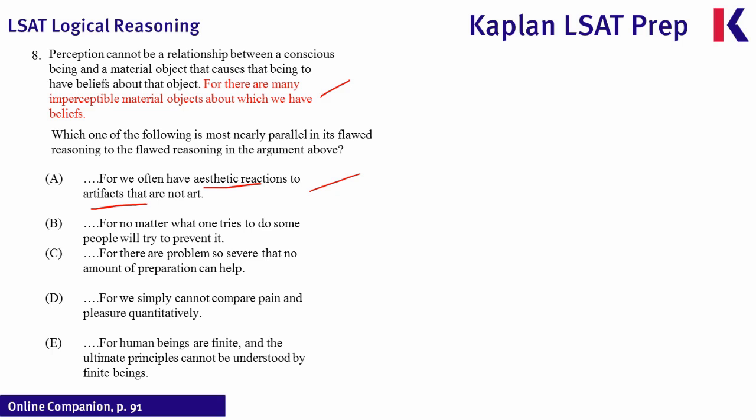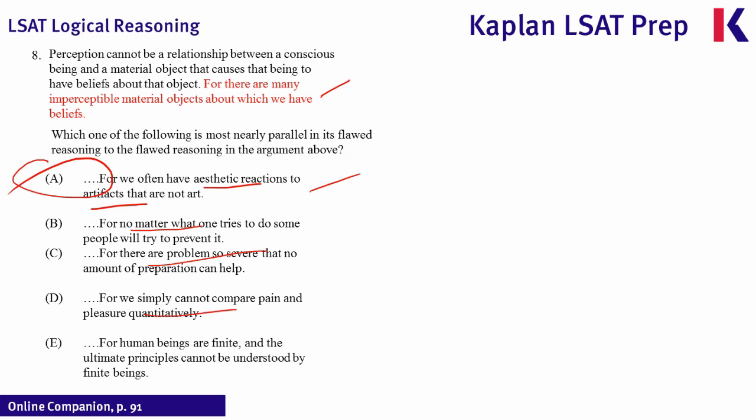That elegance in parallel form may tell you why choice A is correct. It's a form all of the other choices deviate from. All four, in fact, go off in the same way. Choice B argues that no matter what, something will occur. C says, no matter what, some problems can't be solved.